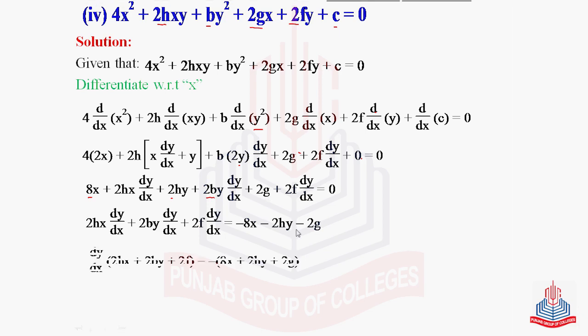And now we will take common dy by dx from these three terms, that is 2hx plus 2by plus 2f, and on right hand side we can take negative as a common factor. This is 8x plus 2hy plus 2g. So dy by dx, this will be shifted to right hand side and that will be divided by 2hx plus 2by plus 2f.